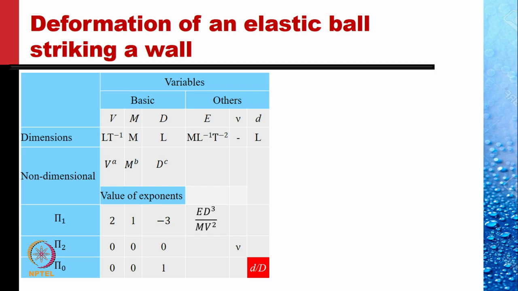So that the non-dimensional dependent parameter is lowercase d by capital D. And so, the functional relationship would be something like this. d divided by capital D is a function of E D cube by m v square and nu, the Poisson ratio.